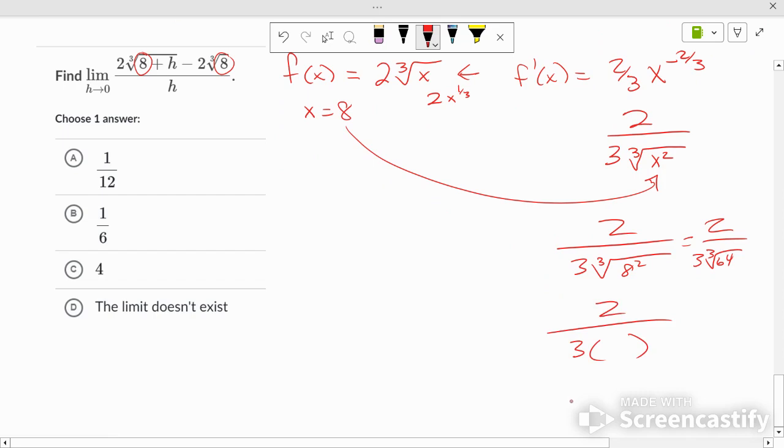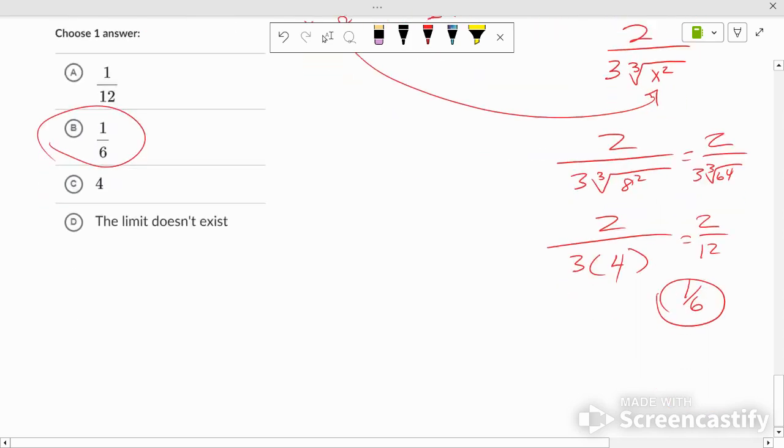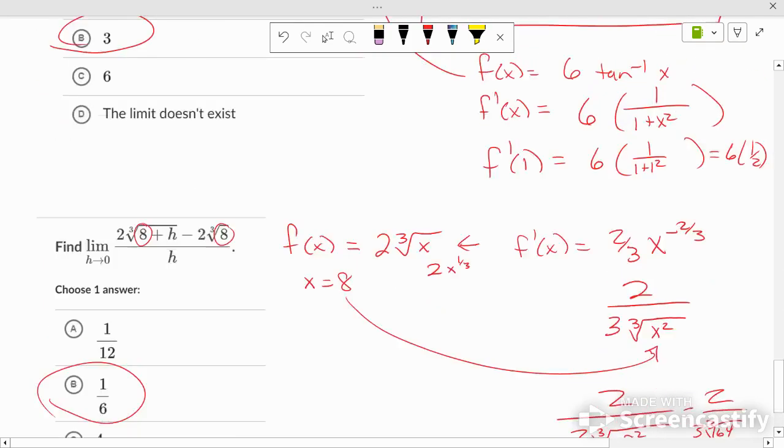What times what times what is 64? 4. 4 times 4 times 4 is 64, right? So the cube root of 64 is 4. So it's 2 over 12, which is 1/6. Disguised derivatives. Hey, that's it.